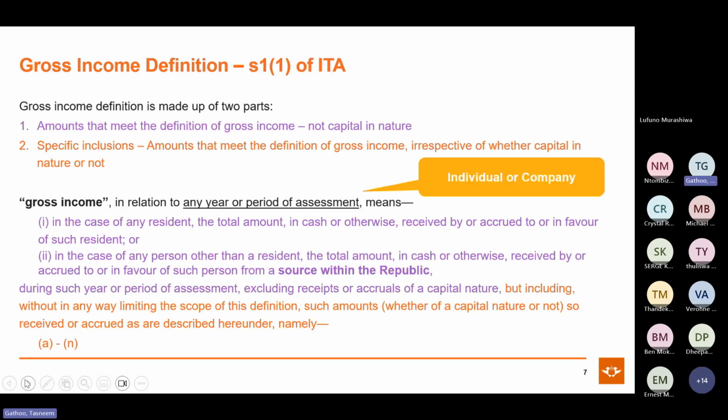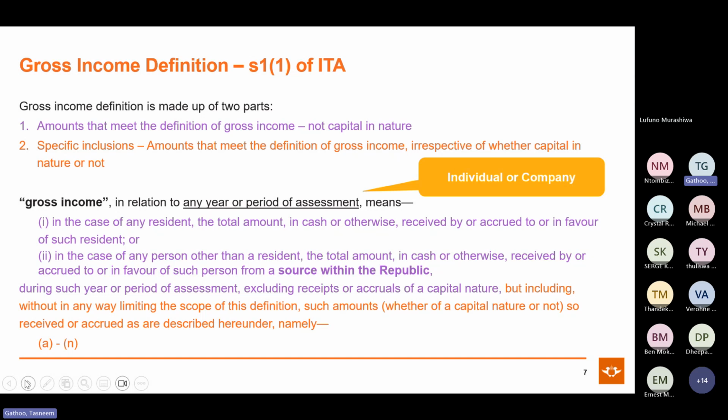Then we said we need to look at two main concepts: the concept of gross income and exempt income. So we started off by saying, what is gross income? The definition is made up of two separate parts. One that meets the general definition of gross income, and secondly, specific inclusions.